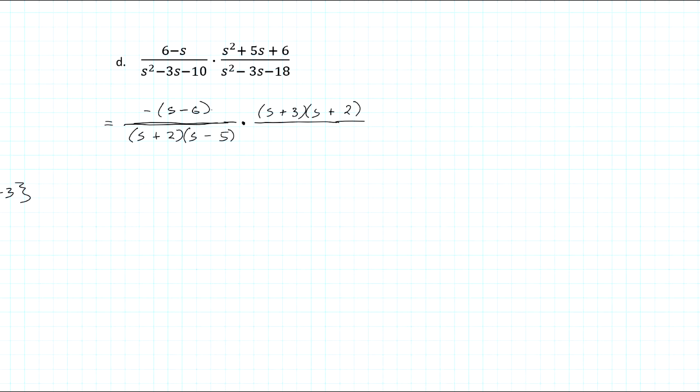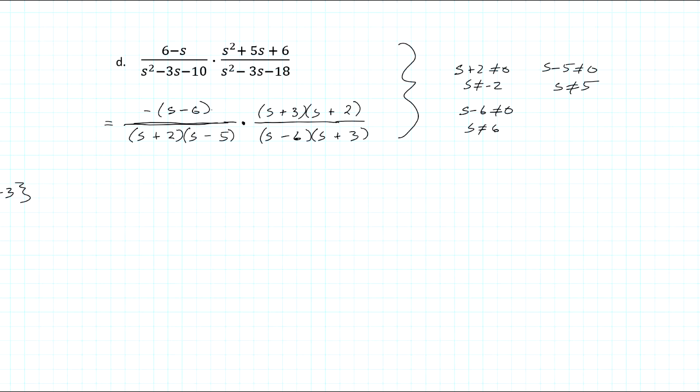The denominator, s squared minus 3s minus 18. s in the first positions. And then a negative 6 and a plus 3 would multiply to be negative 18 and add to negative 3 in the middle. So I can note the domains here. We have s plus 2 cannot equal 0, so s cannot equal negative 2. s minus 5 cannot equal 0, so s cannot equal 5. s minus 6 cannot equal 0, so s cannot equal positive 6.